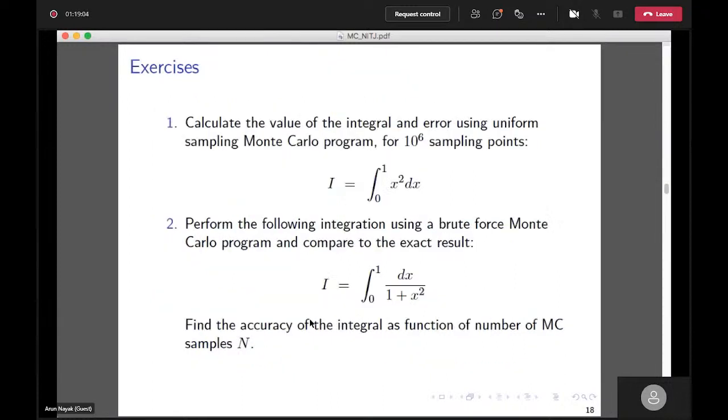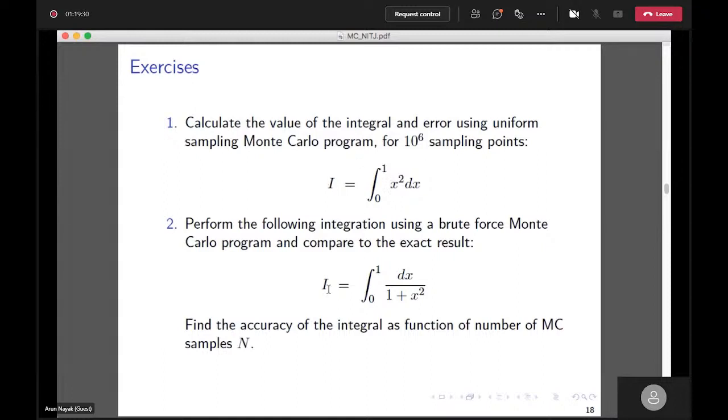So I give some exercises. If you have time, you can do this, and then you will understand better. Just generate some random numbers using a uniform random number for 10 to the power 6 sampling points, and then calculate the integral of x square dx between 0 and 1. You know the value of this integral, and see how much is the accuracy.